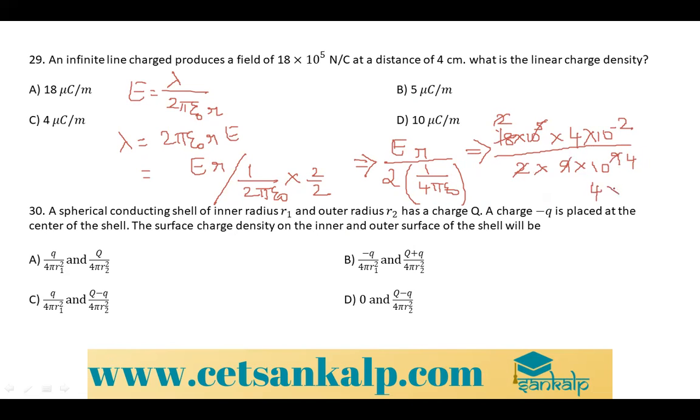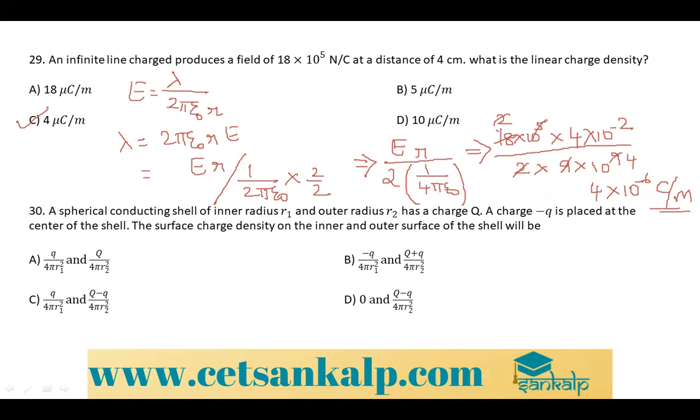So 4 into 10 to the power minus 6 coulomb per meter or 4 mu coulomb per meter. So option C is the right answer. Okay, I hope you are clear. Right.